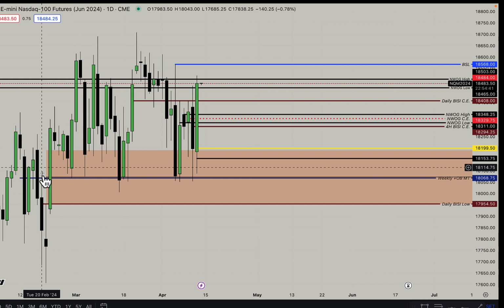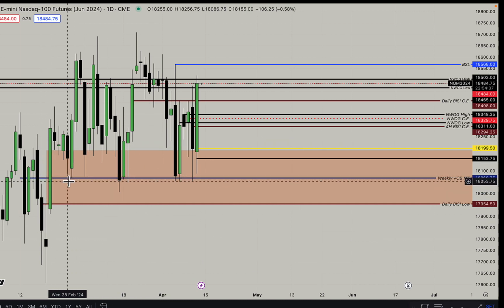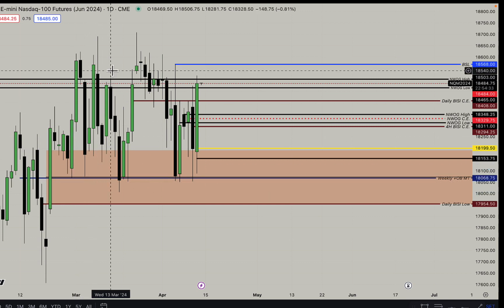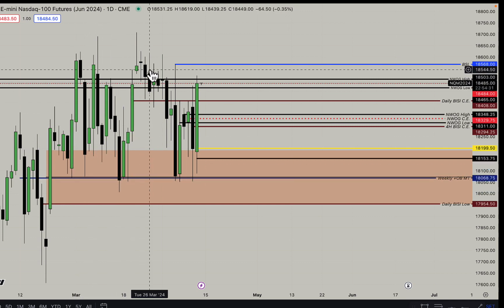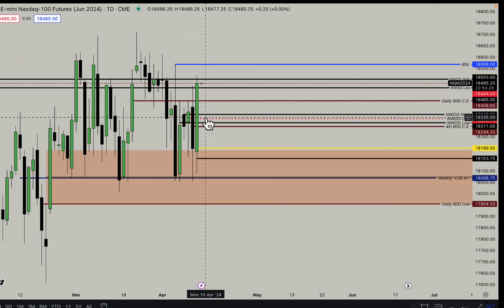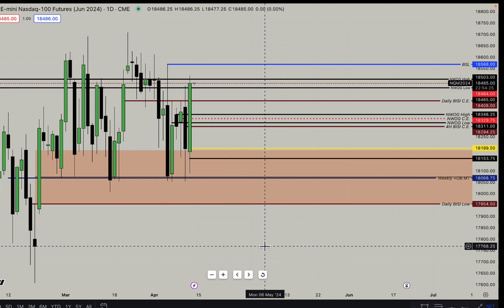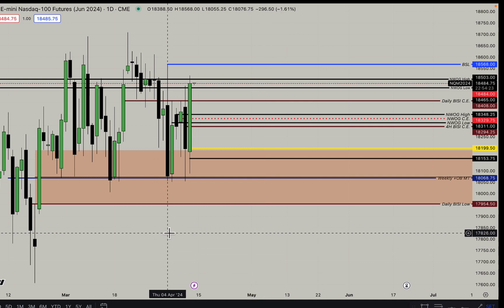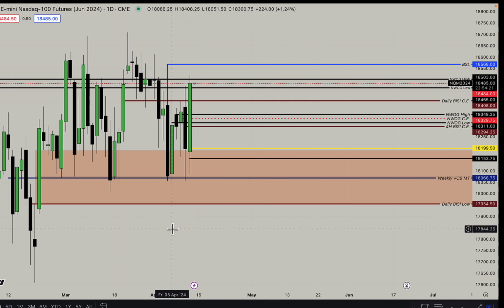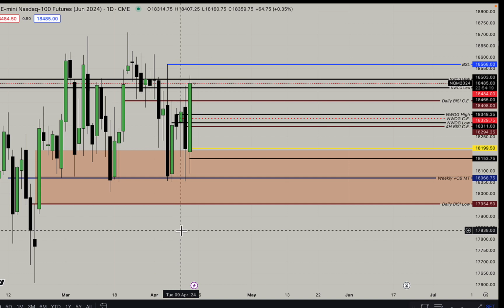We want to look at that for reactions. And as you can see, multiple times in this daily BISI, we've come down, rallied, come down, rallied, come down, rallied, come down, rallied. And again, today, this week, come down, rally. All right, so those higher time frame levels are going to aid you in your analysis during the week.